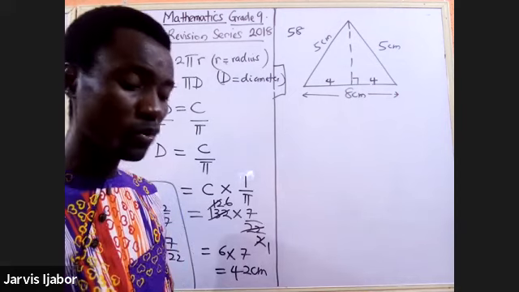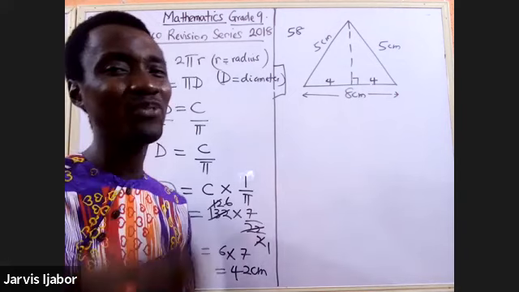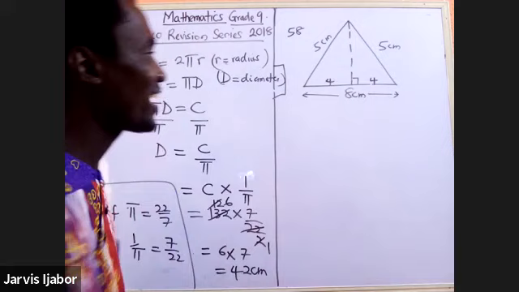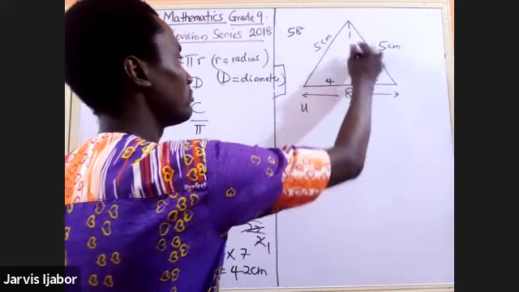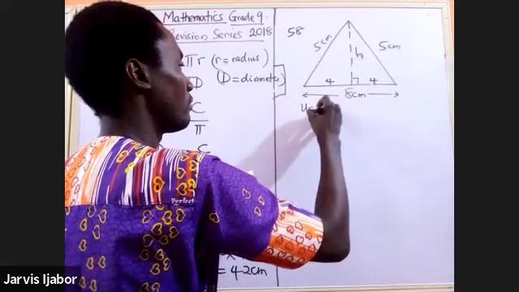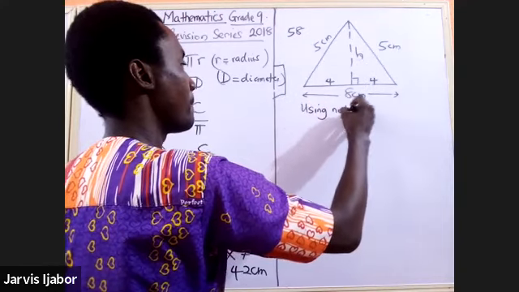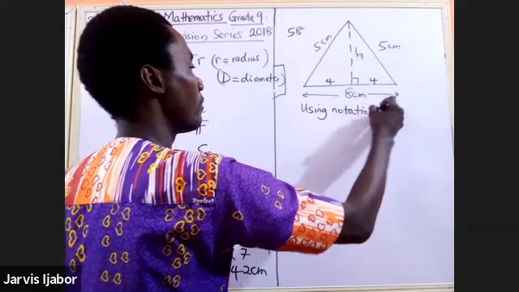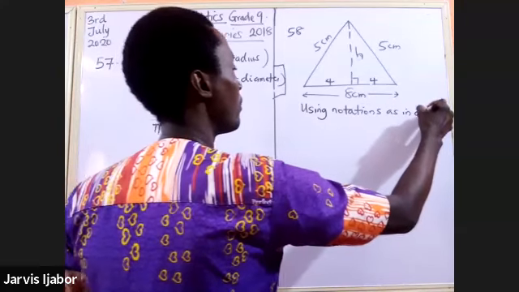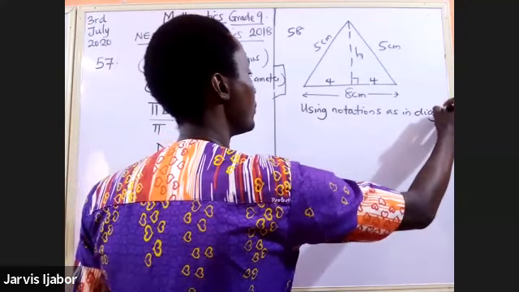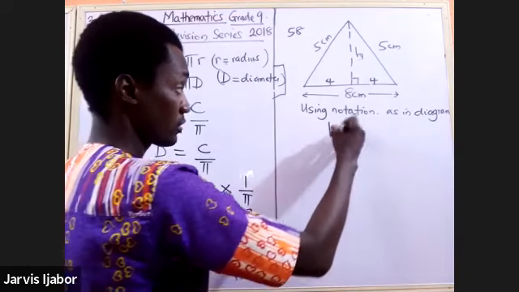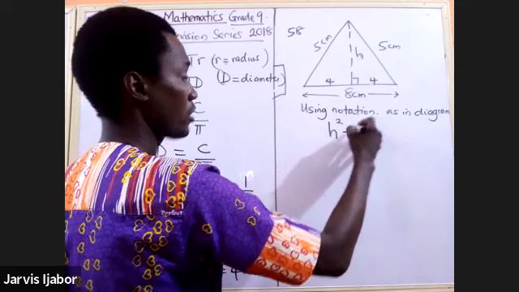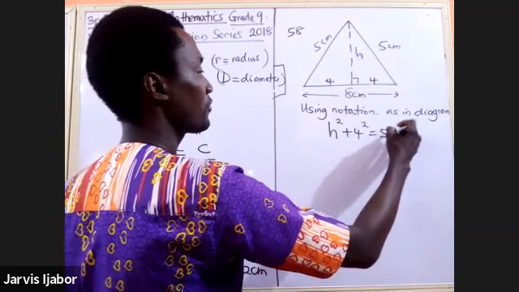Because you are told to find the area of the figure. To get the area, you must get this one, h. So using Pythagoras, h squared plus 4 squared is equal to 5 squared.